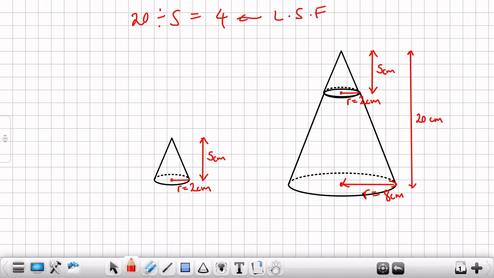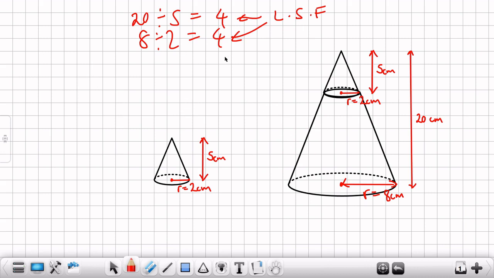You could have easily done it with the radius. Look, radius of the base here is 8 for the large cone, and for the small cone it's 2. 8 divided by 2 also gives you the 4, right? That's also the linear scale factor. So either way, you could have got the linear scale factor that way.